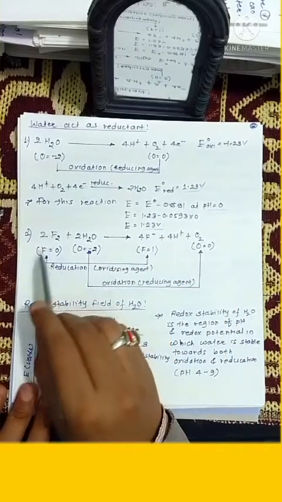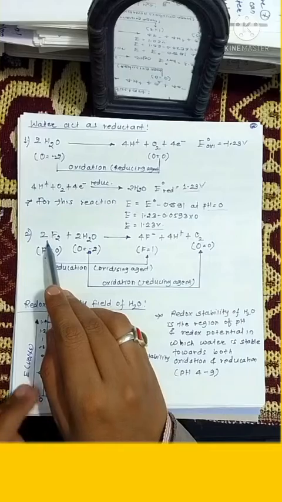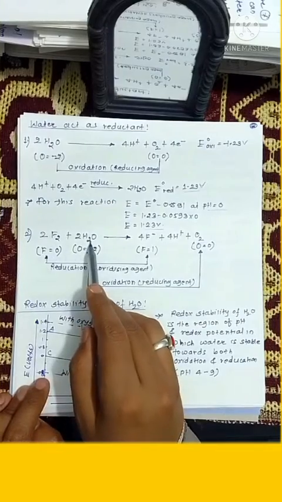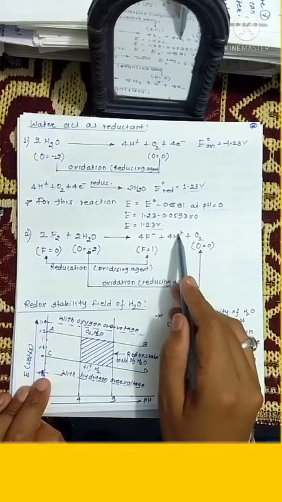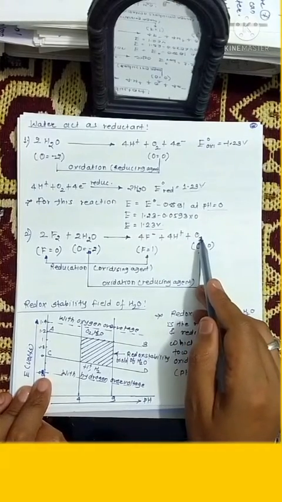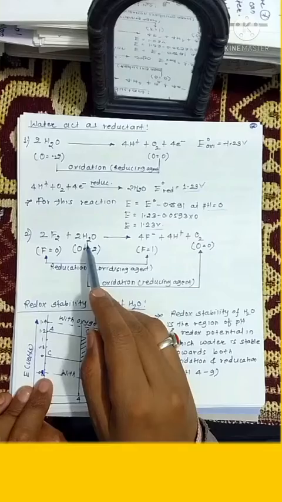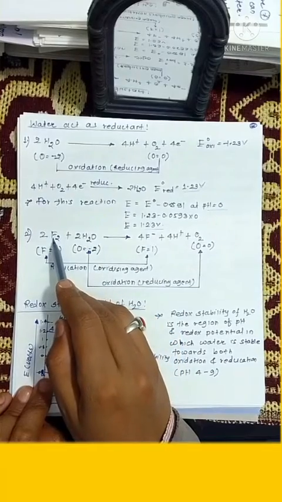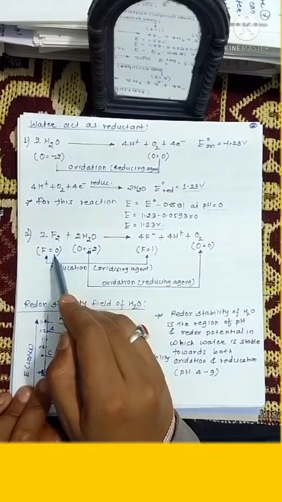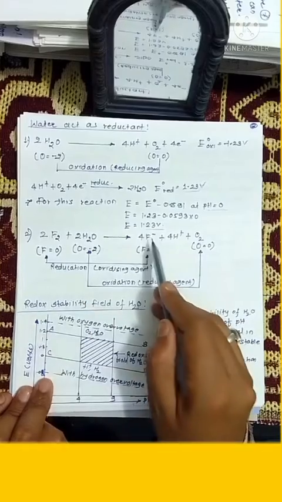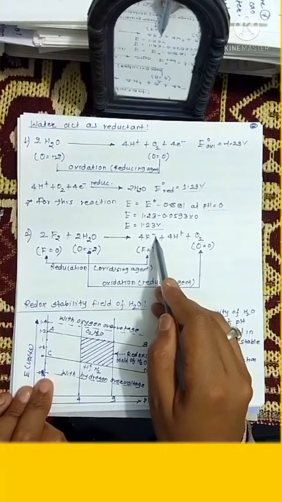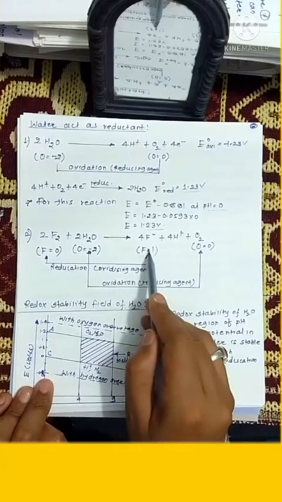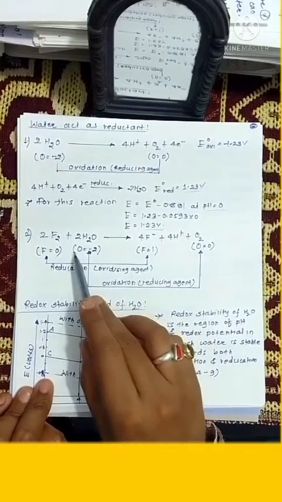Now just see in this reaction, 2F2 plus 2H2O gives 4 fluoride ions, 4H+ ions and oxygen. In this case fluorine is present in 0 oxidation state, while here fluorine is present in -1 oxidation state. It happens by gain of 1 electron.